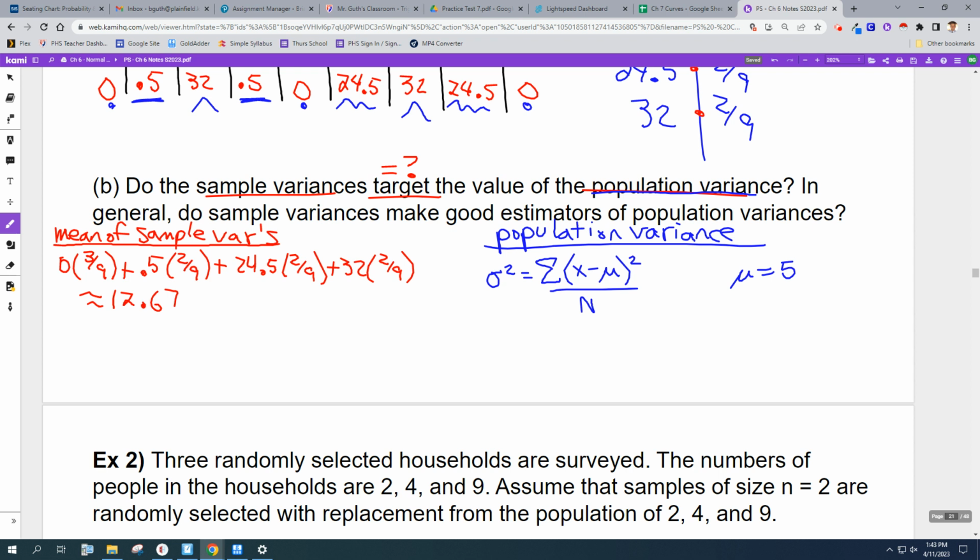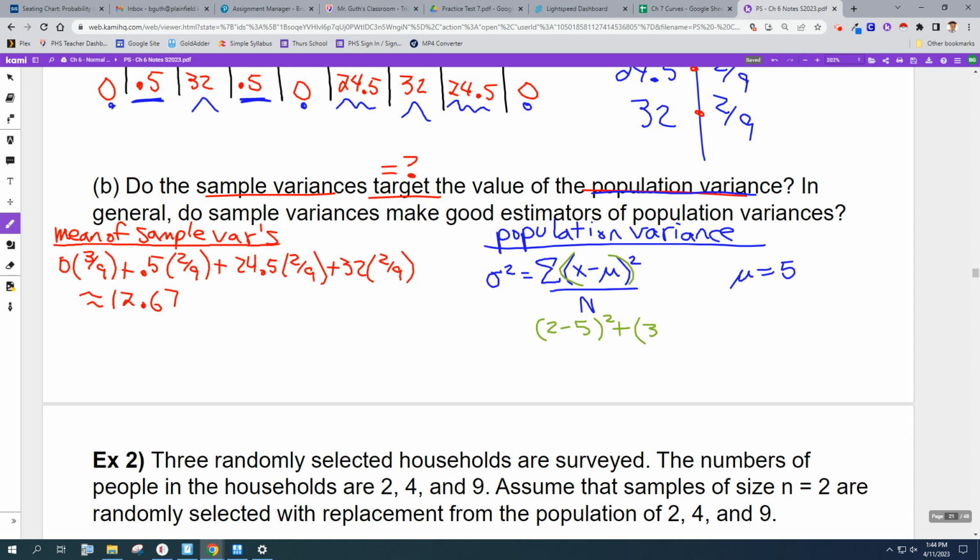So think about what your formula said. You've got to do a sigma, so that means you got to do a sum. You got to add up some stuff, specifically each x value. First x value was 2. So when I look right here in this parentheses, I got an x value of 2 minus the mu value, which was 5, and I'm going to square that. Plus, I've got another x value, which was 3.